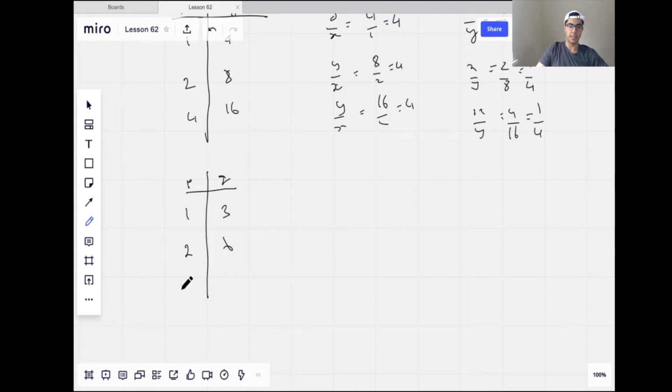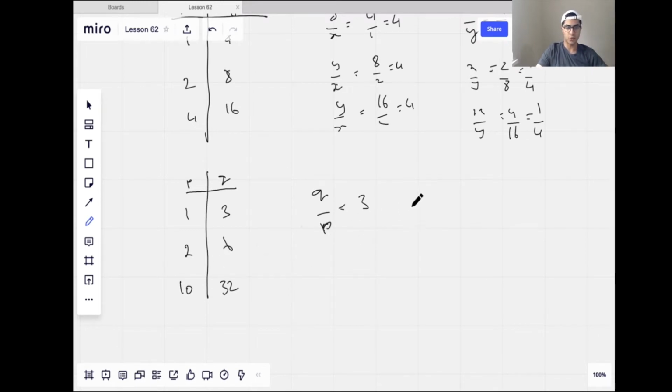If p is 10, q is perhaps 32. To check if these two are proportional, we find the ratio between them. Let's do q over p, because we'll get whole numbers. So q over p is 3 over 1, which is 3.